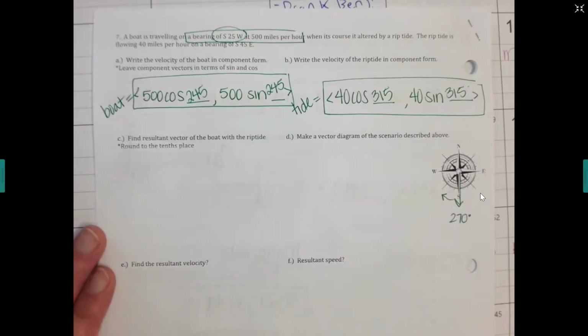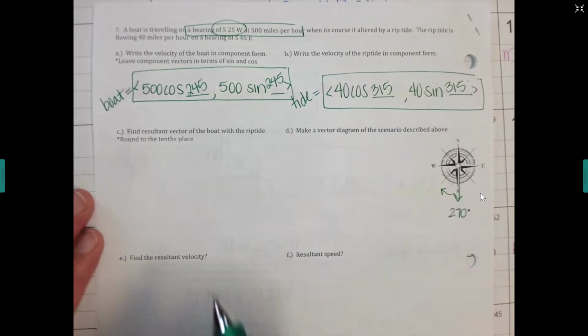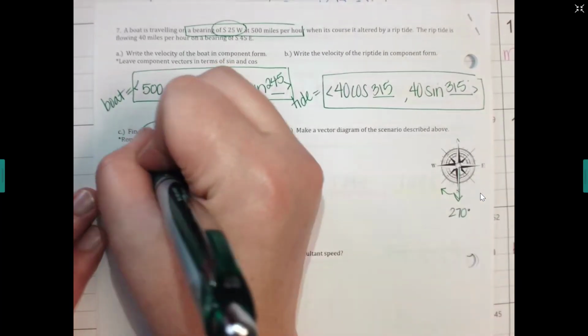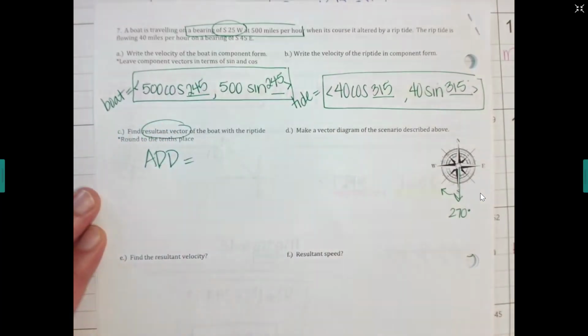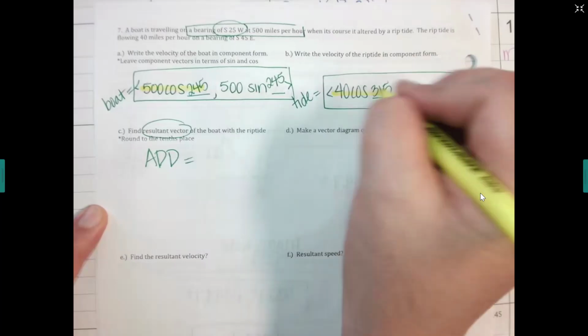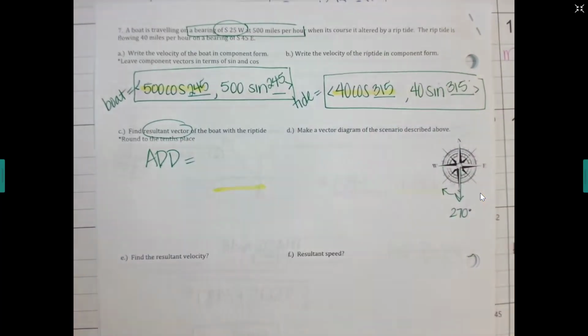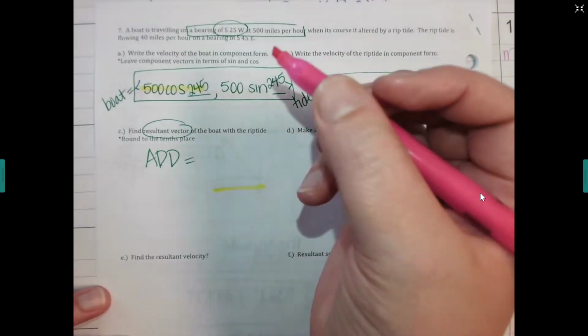All right. Next thing they're asking me to do is find the resultant vector. Remember, that means that I need to add them. When you add, you're going to add the x's together, then the y's together. So y'all add the x's, I'll add the y.